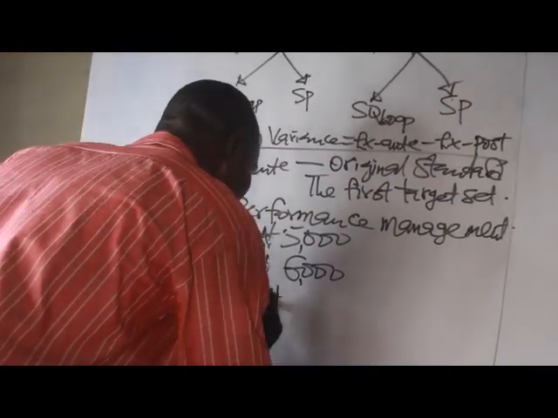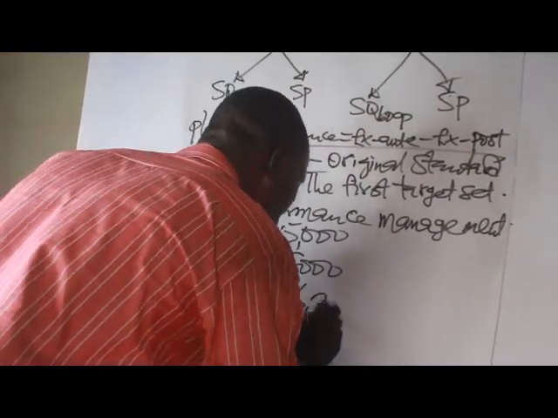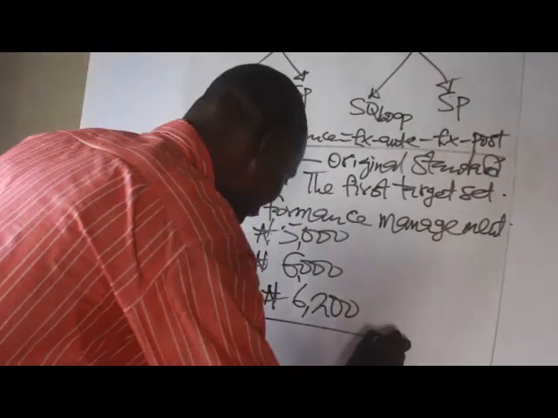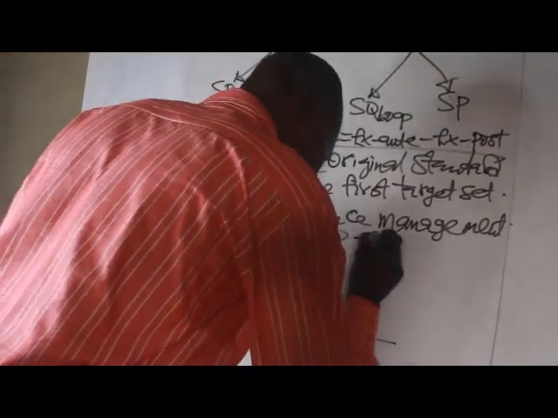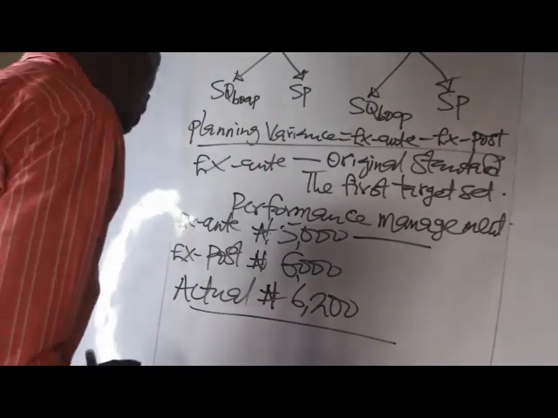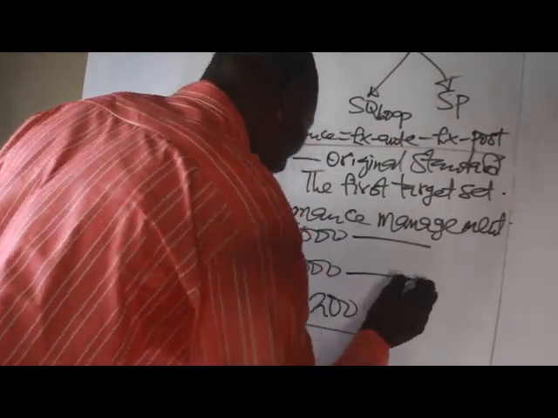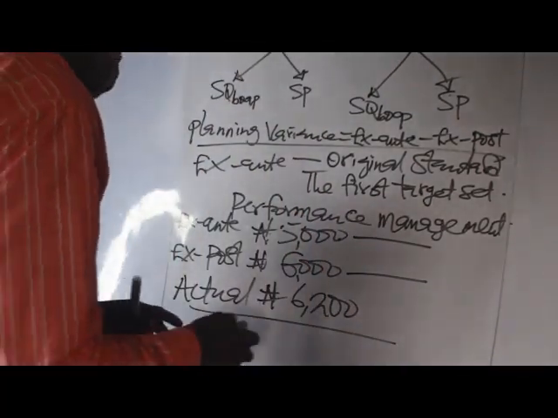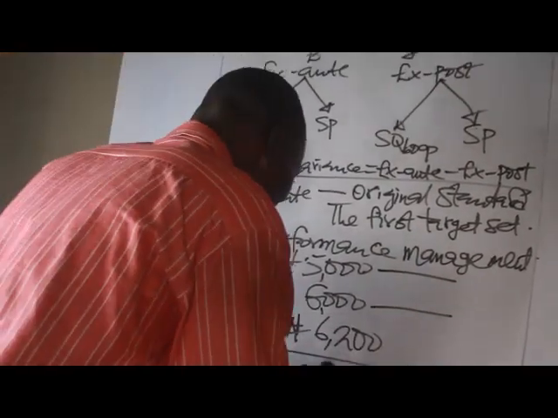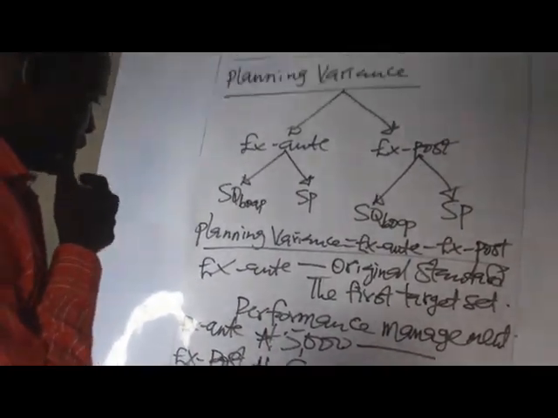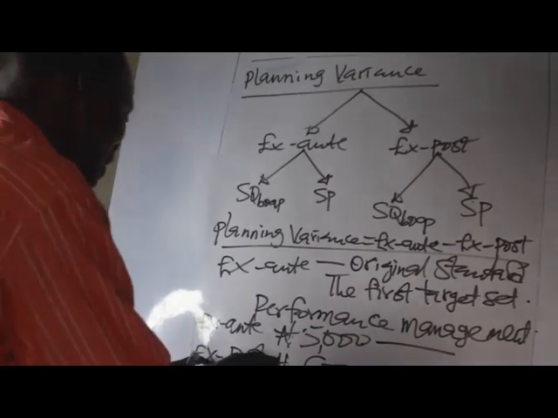Maybe you actually bought the book for 6,200 naira. This is the actual price it was bought. This is your initial target, called ex ante. This is your latter target, which is 6,000, and this is the actual amount it was obtained.